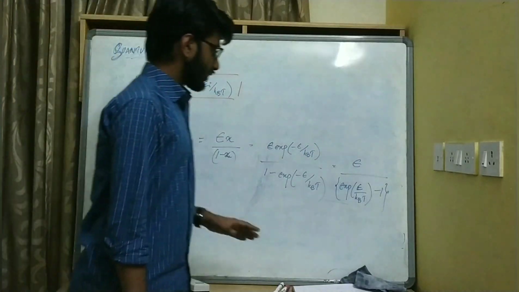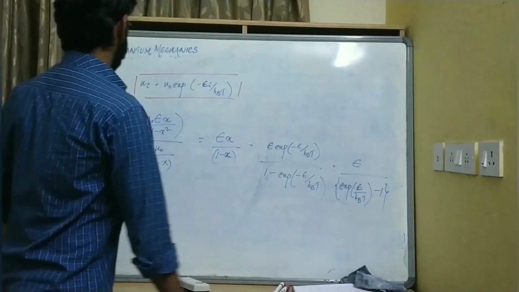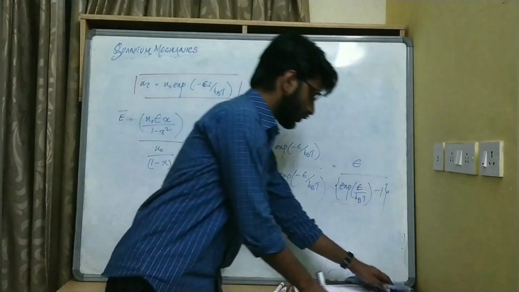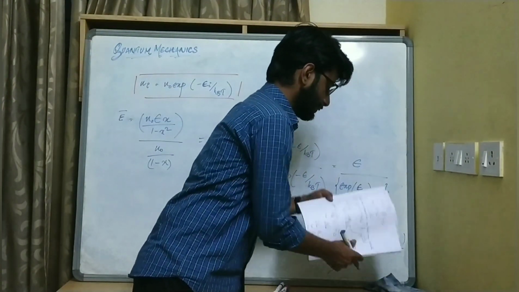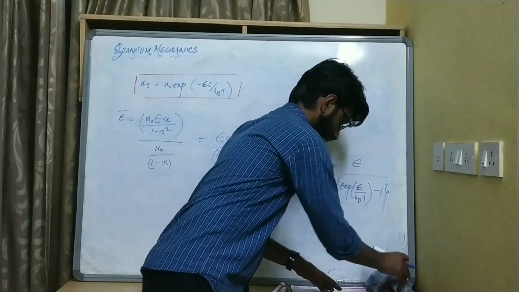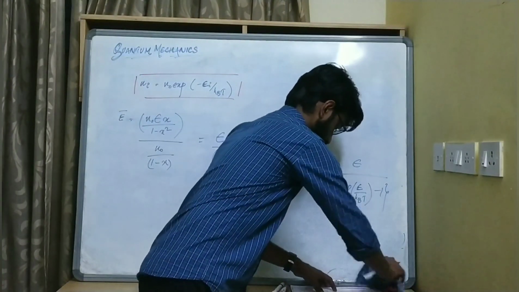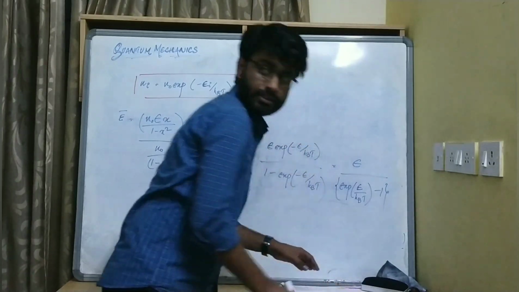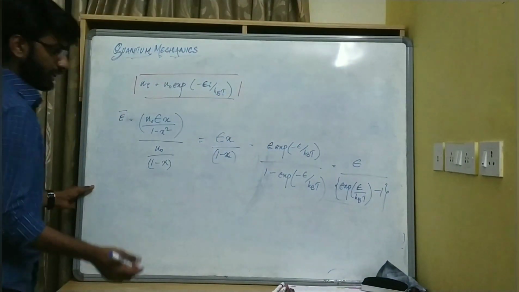So I told you this is the important thing. So we have got the expression for the average energy, and now we need the average energy density. For this, we just take a derivative.